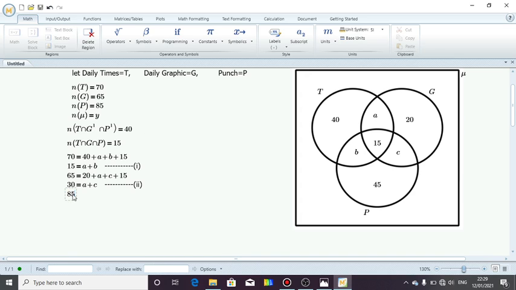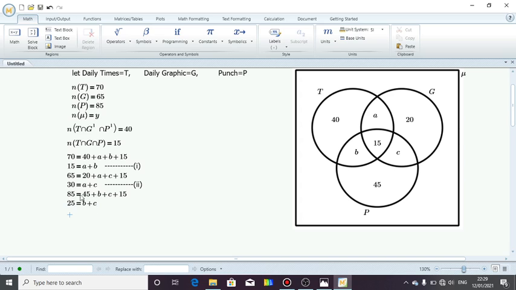So 85 equals 45 plus B plus C plus 15. If you collect like terms, 85 minus 45 is 40. Then 40 minus 15 is giving us 25, which equals B plus C.